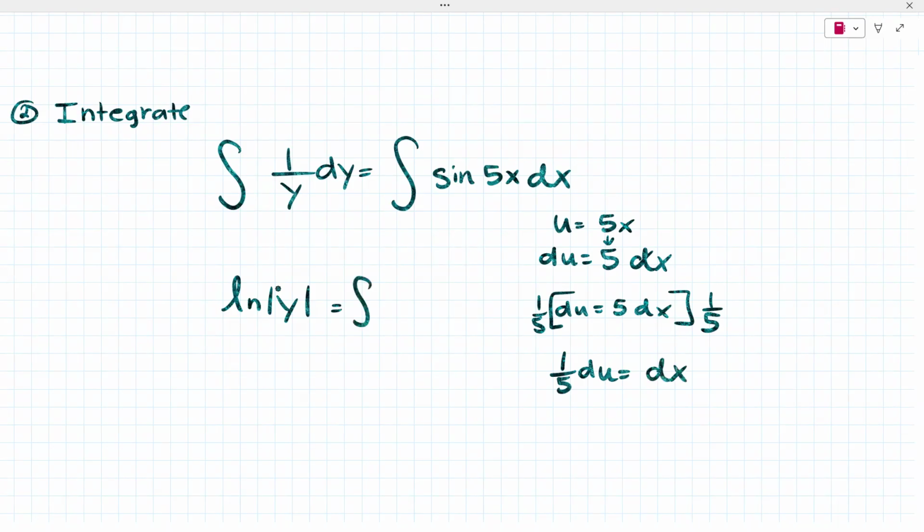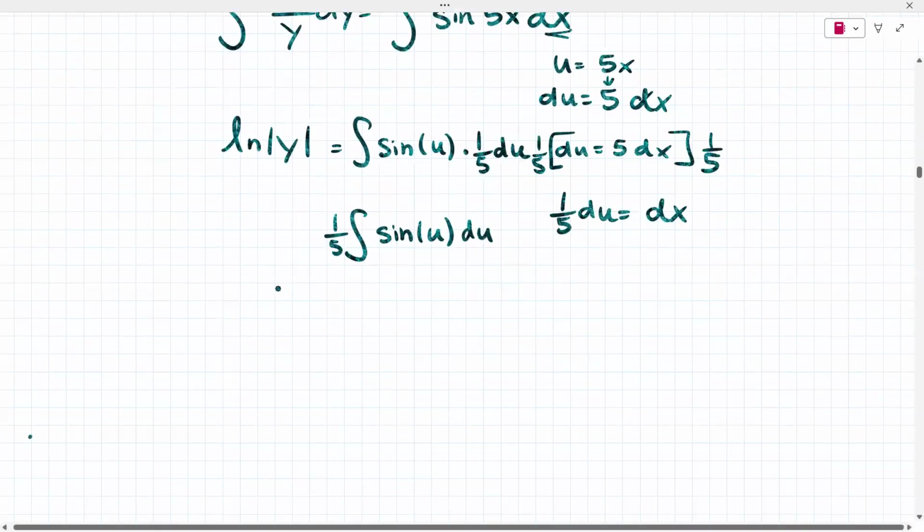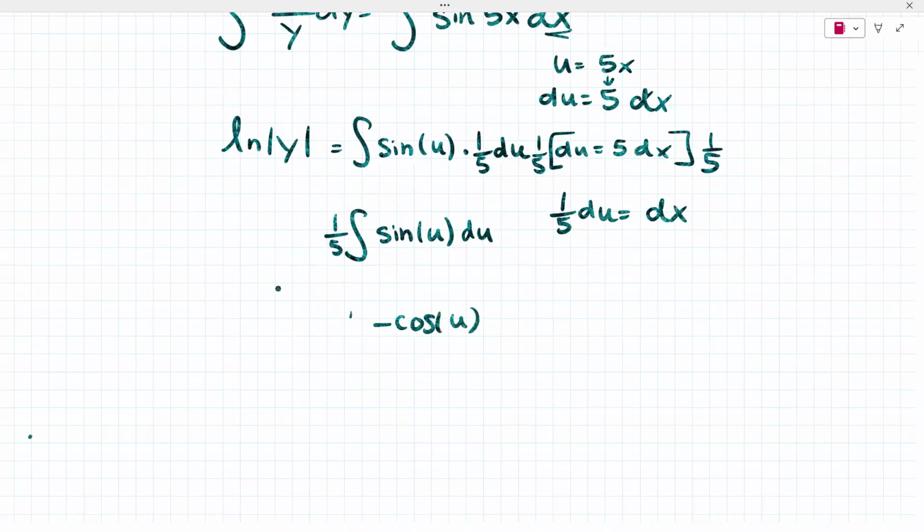So it's going to be the integration of sin of u, and then you replace dx with 1/5 du. Now 1/5 is a constant, so you can just put that in front of the integration. What is the integration of sin of u? It is negative cosine of u, and then you still have this 1/5. Put it all together and this is negative 1/5 cosine, and then you replace u with 5x.